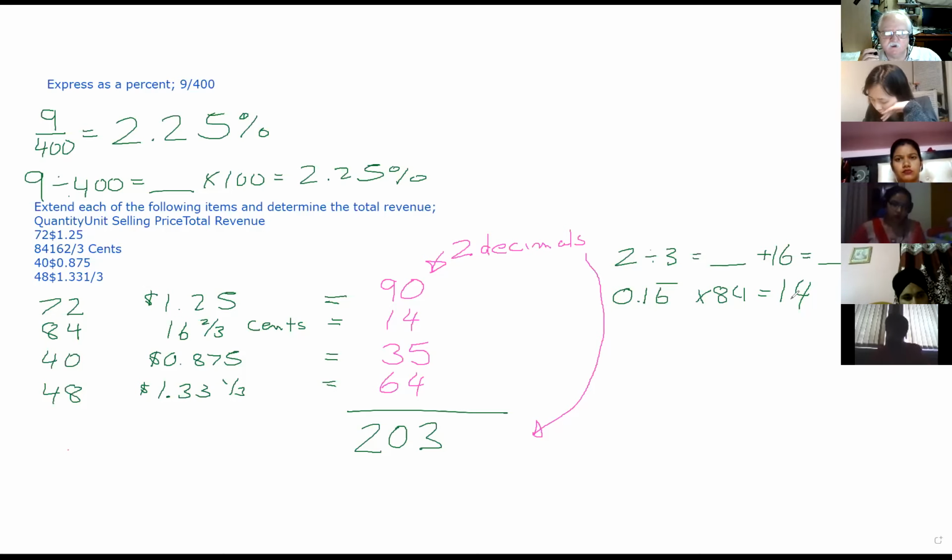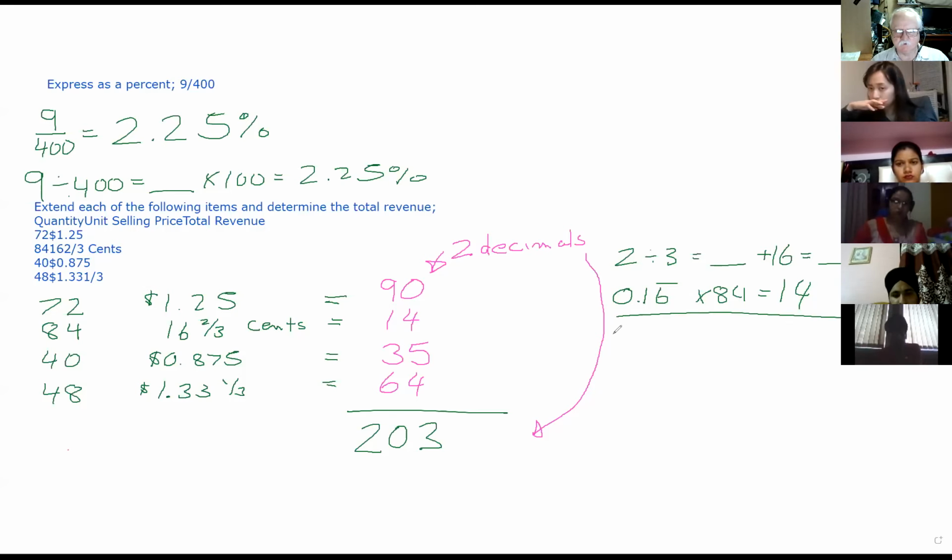Did anybody calculate it in any other way that might make sense? I noticed someone said they put the whole thing over 3.